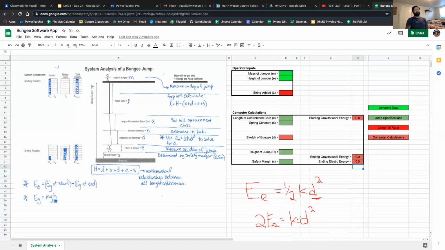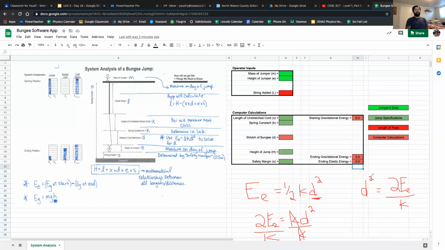And now I need to move the spring constant over, and right now it's being multiplied by d squared, so I have to divide on both sides. And so those will go away. What I'm left with is 2 times the elastic potential energy divided by the spring constant.